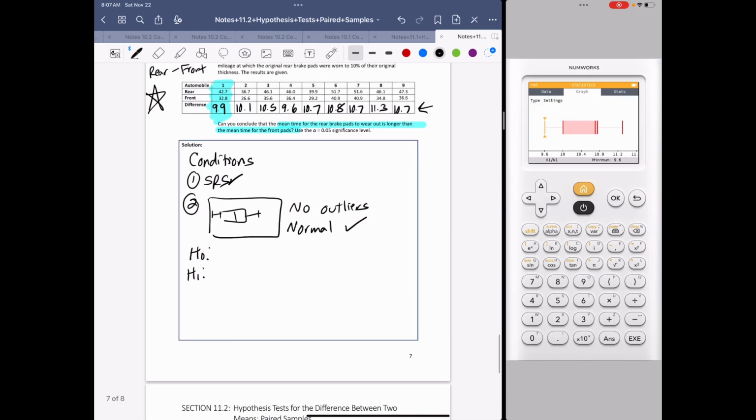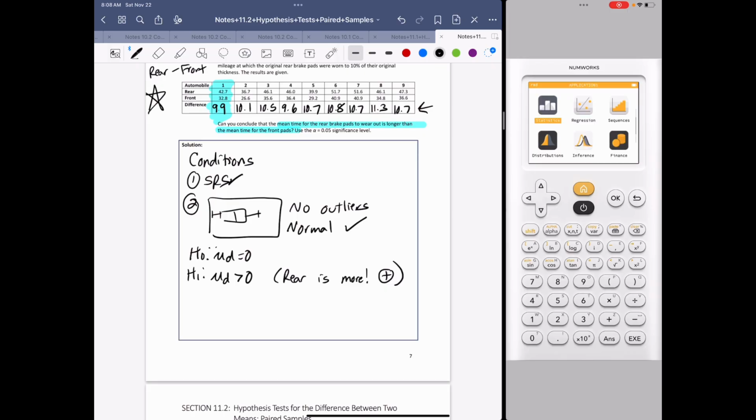All right, so I'm going to do for H1, mu of D is greater than 0. H0, mu of D is 0. Mu of D is greater than 0 because the rear is more. When you subtract it, it's going to be positive. And like I said, you got to think about that sometimes. I'm going to go to my inference.